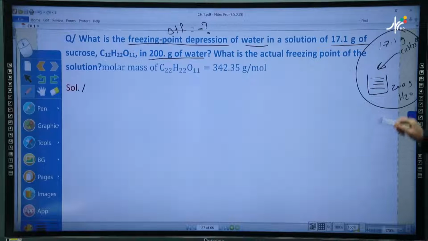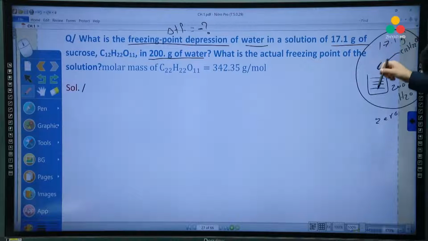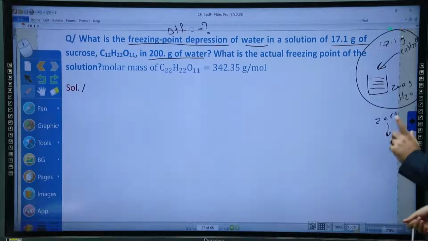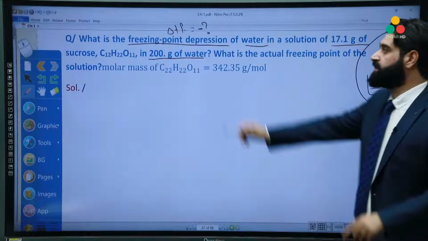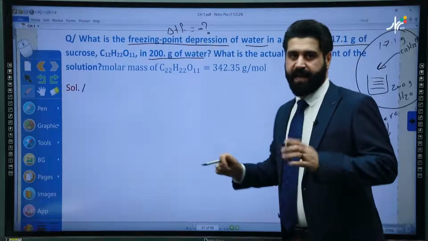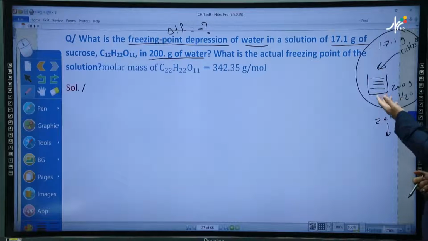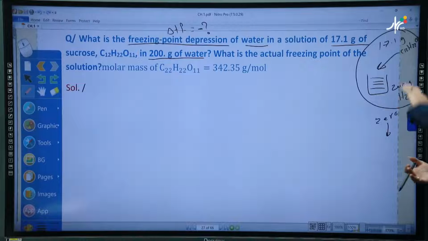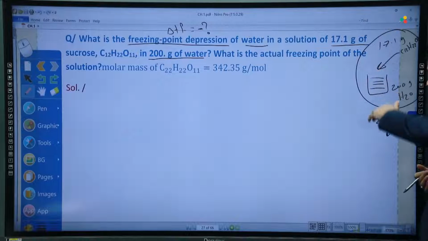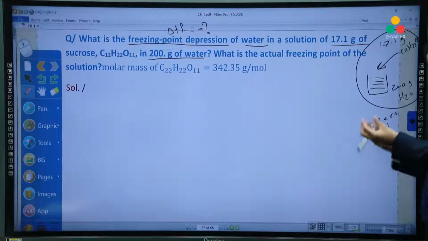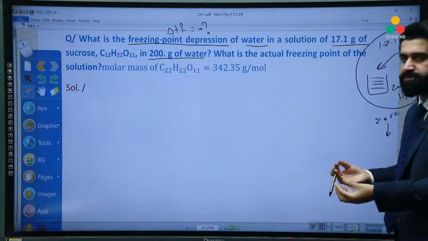You remember, pure water freezes at 0. But after dissolving sucrose, of course, it will get lower. So the result must be negative, because naturally water freezes at 0, but now we added something, so it freezes below this normal number, which is 0.